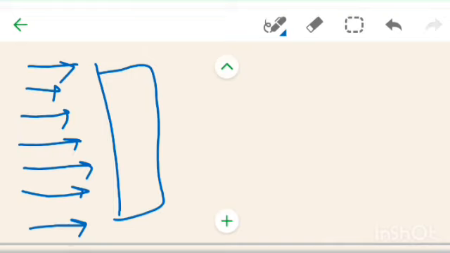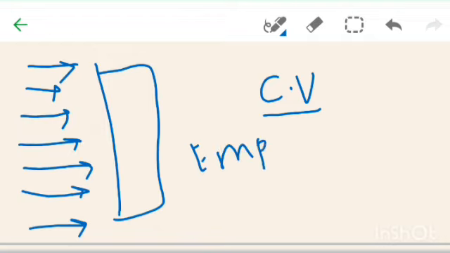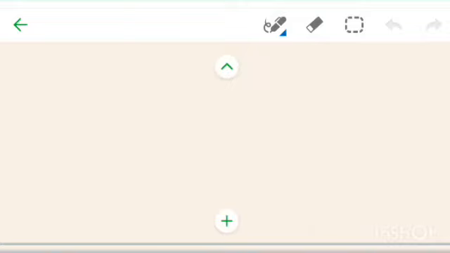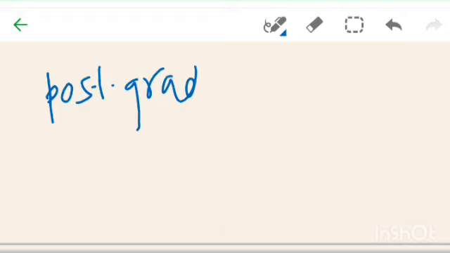Fine. Now we have seen that the purpose of creating the resume was only and only for getting employment. But the purpose of CV, apart from employment, people write it for PhD, research fellowships, for postgraduate studies.